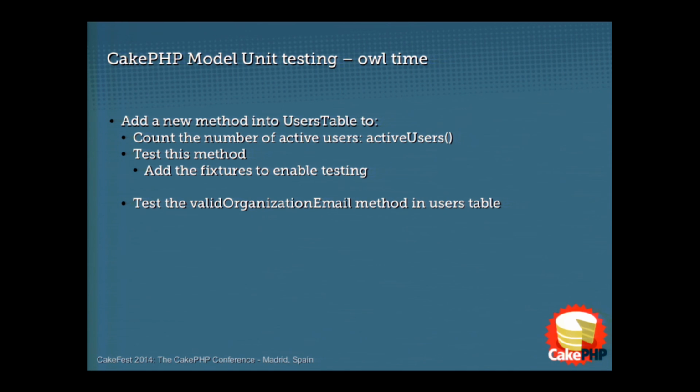Why don't you add a new method into the users table to count the number of active users? You can call it active users. And then write a test method for active users. Go ahead. I give you 5 minutes.